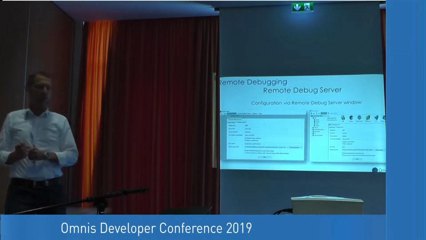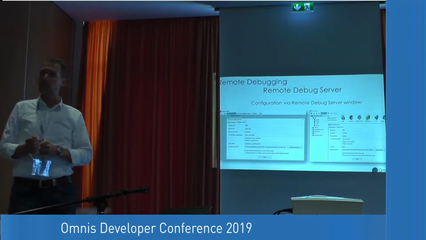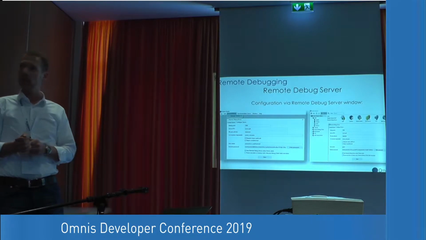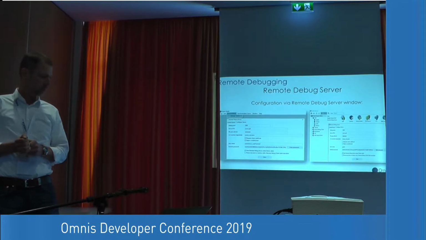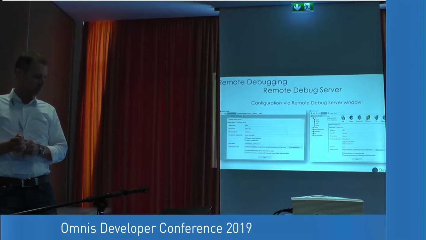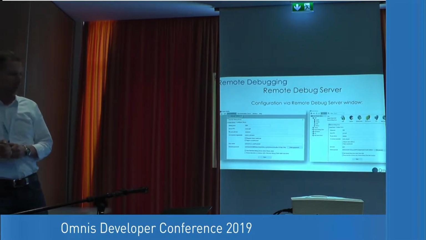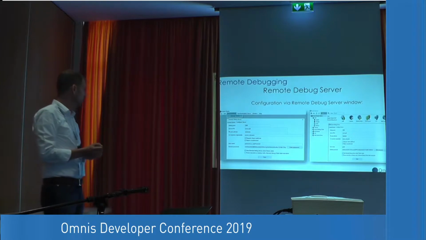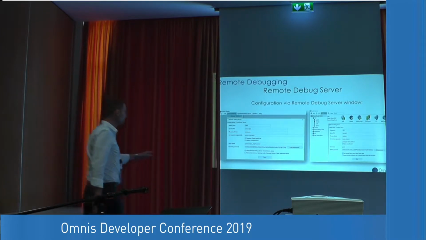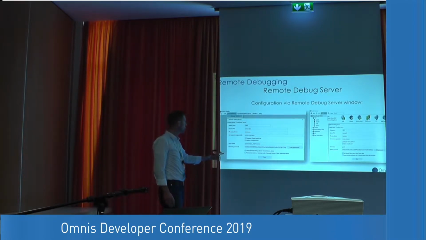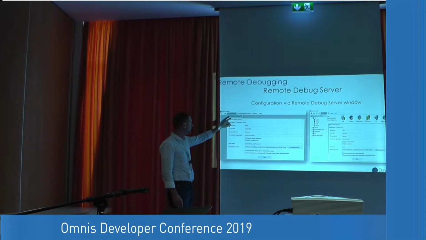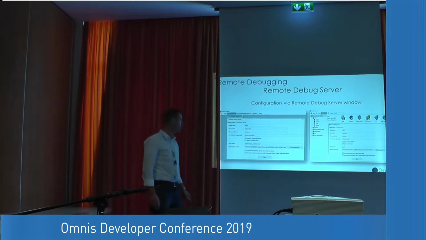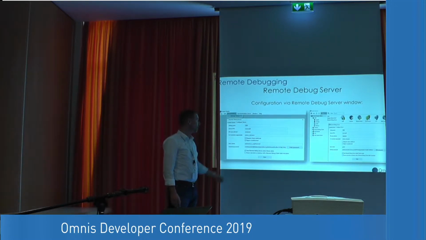Remote debug server and client are completely integrated into Omnis, so you don't need to install any additional tools. The remote debug server can be configured via a window. You can see here, this is an Omnis Studio runtime, and you have a menu called Remote Debug, where you can manage the Remote Debug server and enter your parameters.